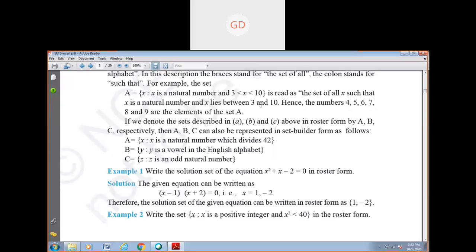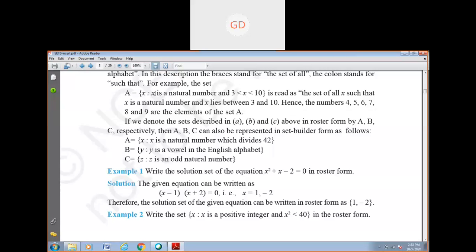A here, you say x such that x is a natural number and 3 less than x less than 10. This is the condition, and second bracket close. You see here very carefully. Now first x, as I told you, represents all the elements. What is x?